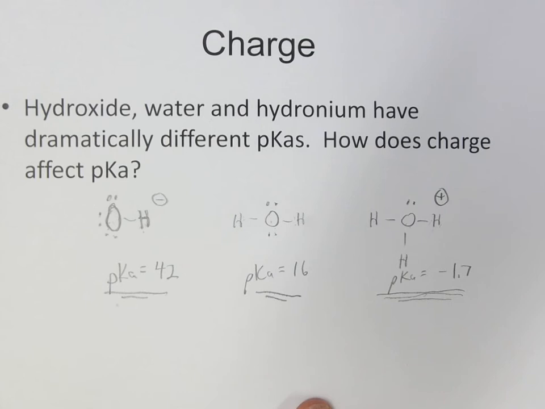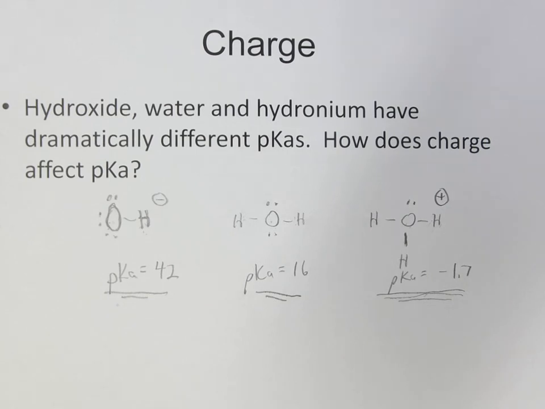I just simply am going to go with charge, that the positive molecule or ion is going to be more acidic than the neutral molecule, which in turn is going to be more acidic than the anion. And again, the rest of the factors that you would consider, the hydrogen is attached to an sp3 oxygen in all 3 cases, mean that the other factors we've talked about are equivalent for all these, except the charge.